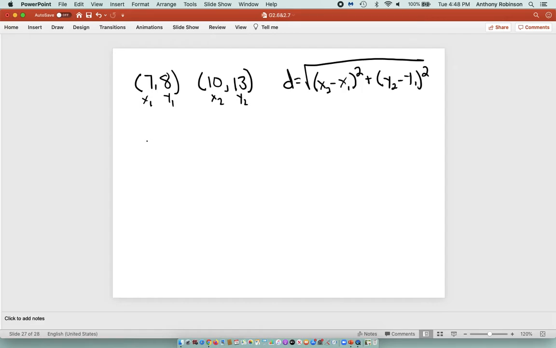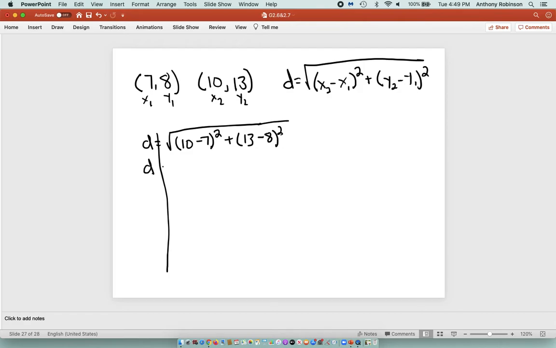Let me go ahead and set this up. D equals the square root of (10 minus 7) squared plus (13 minus 8) squared, where 10 is x2, 7 is x1, 13 is y2, and 8 is y1. Now follow order of operations when simplifying the right side.